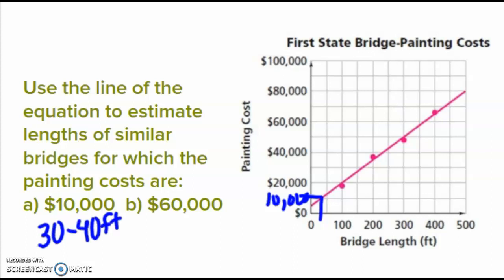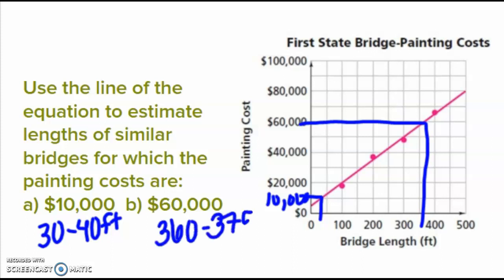Again, it's an estimate, so it might not be exactly like mine. Then if we go up to 60,000, well, that wasn't really that close, but I would say around 360 to 375-ish feet.